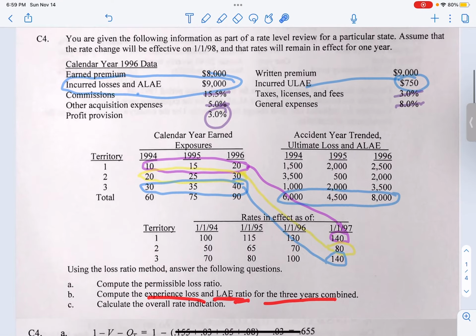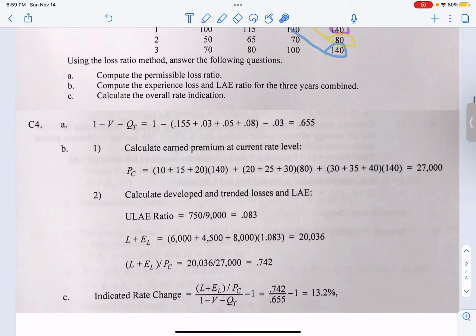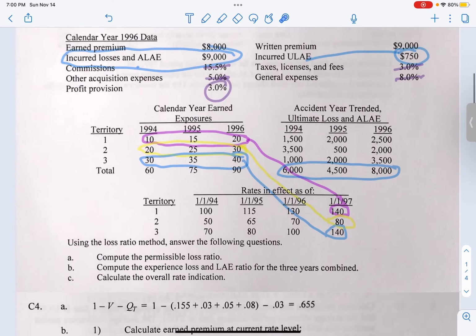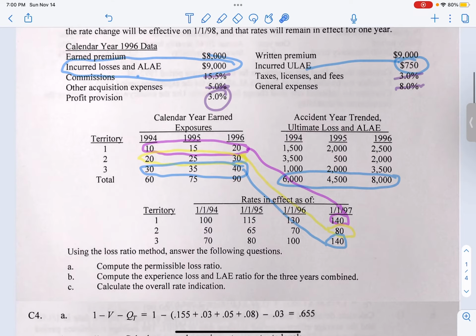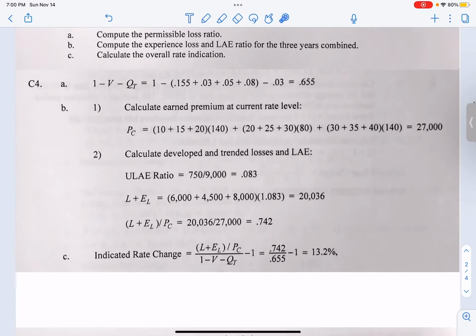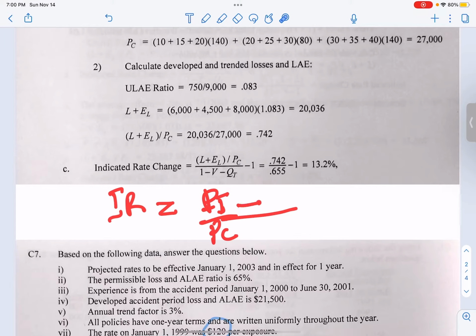And then the next part of the question is to calculate the overall rate indication. So for this, we actually just take the indicated rate, and then let's say the indicated premium is PI, and then we divide by the current premium, and then we subtract the current premium, just to find the rate change.